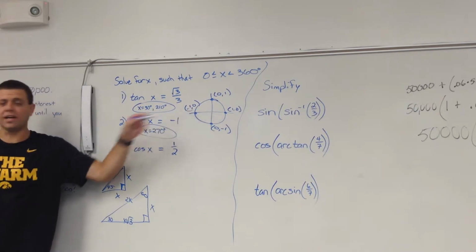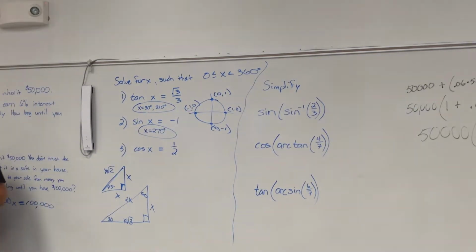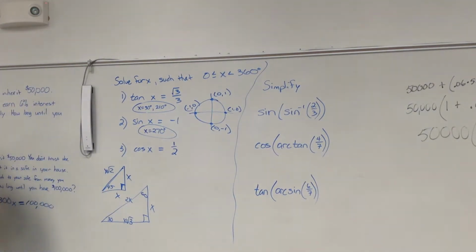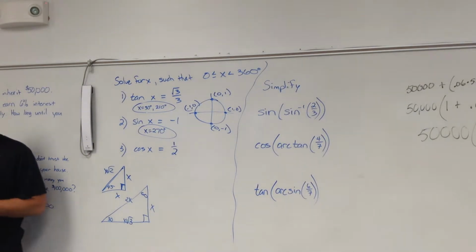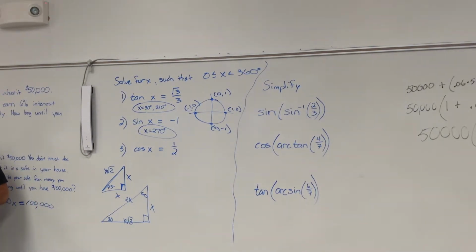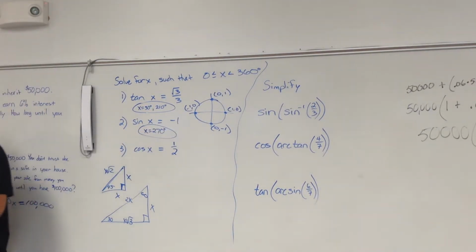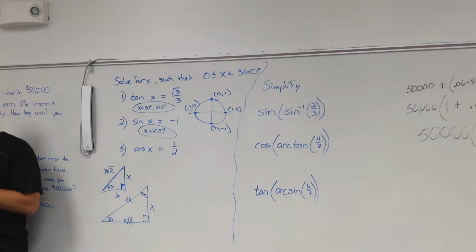If it's on the x-axis, the reference angle would be 0, yes. If it's on 90 or 270, the reference angle would be 90. Doesn't matter which way you go. And it's always positive. Even if the angle's down here, the reference angle is still just a positive measure. So in other words, how many degrees would you have to rotate to get to the nearest x-axis is basically what the reference angle tells you.